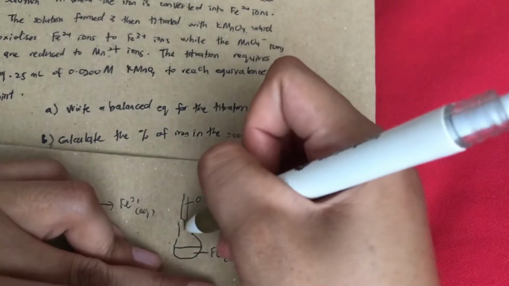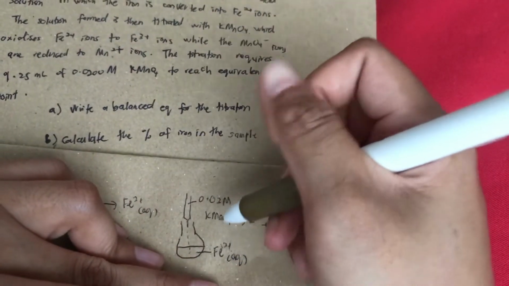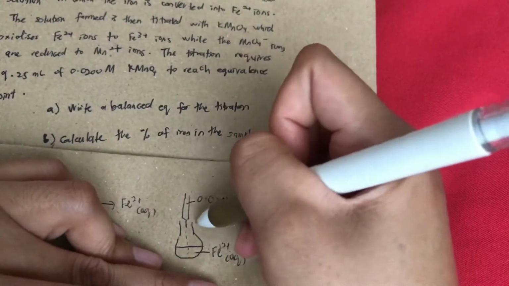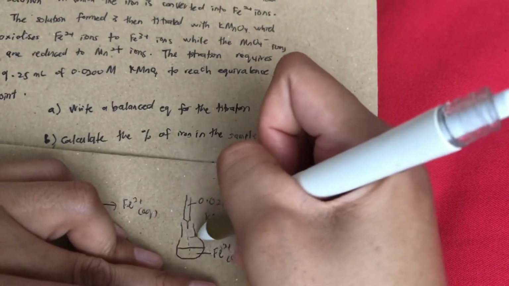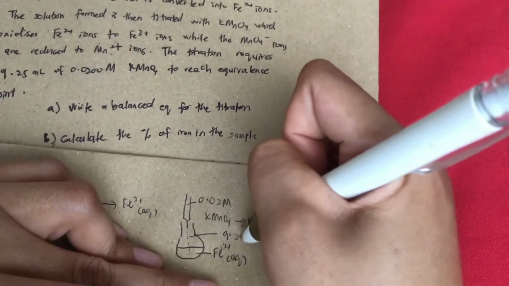We titrated the Fe2+ with this, I just draw here, the volume is 9.25 ml.